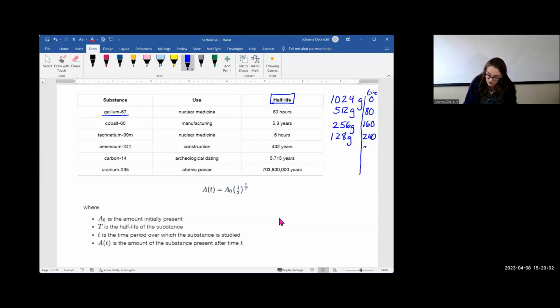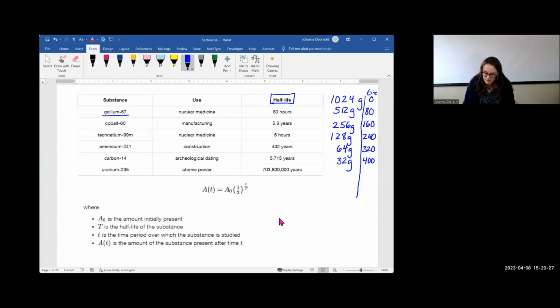Another 80 hours, so 320 hours goes by, and half of the 128 is still radioactive, 64 grams, plenty to kill you. And then another 80, so I'm up to 400 hours here. Half of the 64 stops being radioactive, so I still have 32 grams of radioactive material.